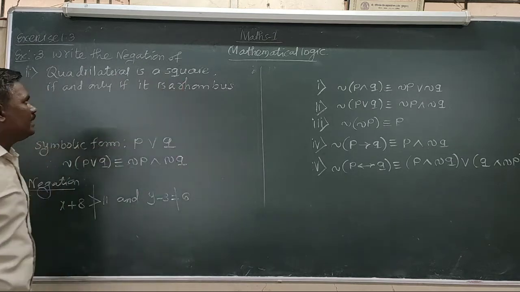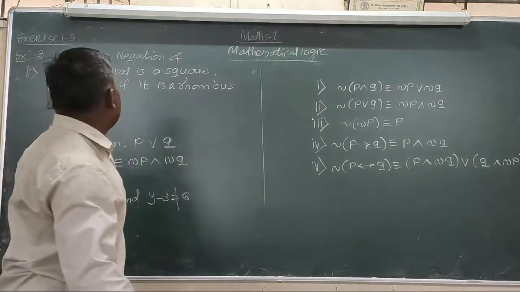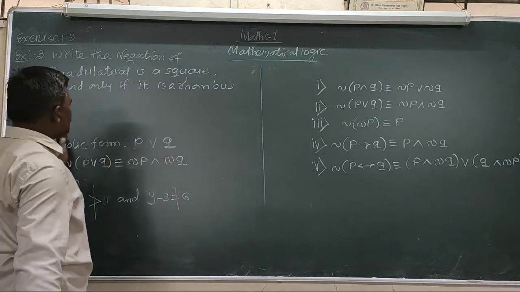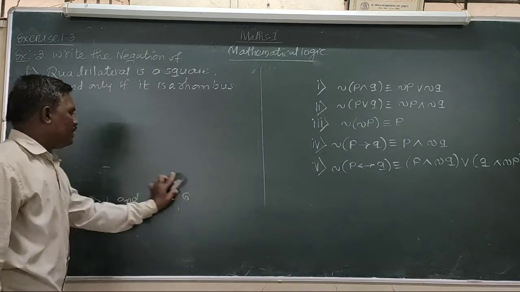Write it in symbolic form and its negation. Observe here, quadrilateral is a square if and only if it is a rhombus.